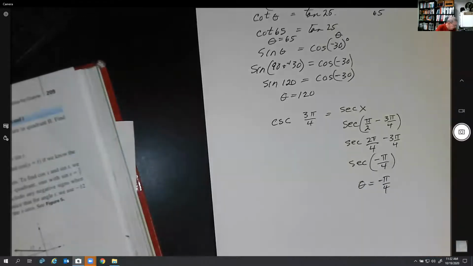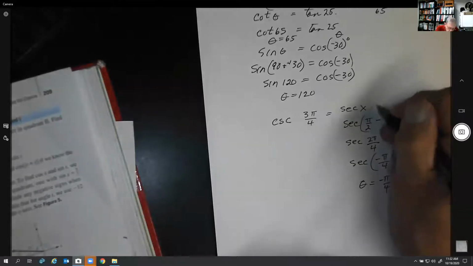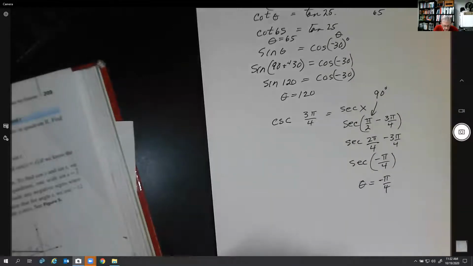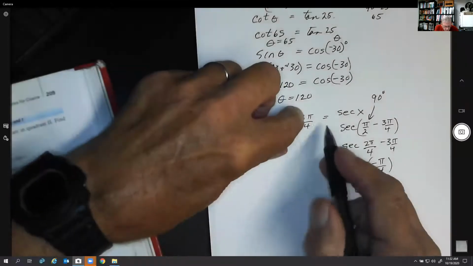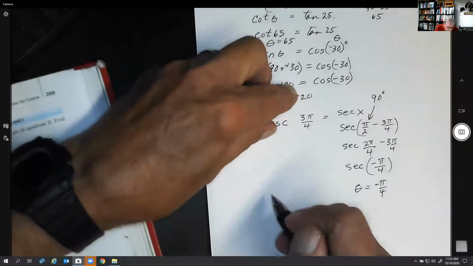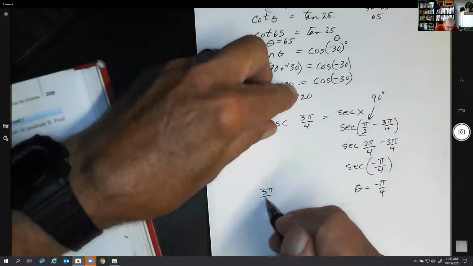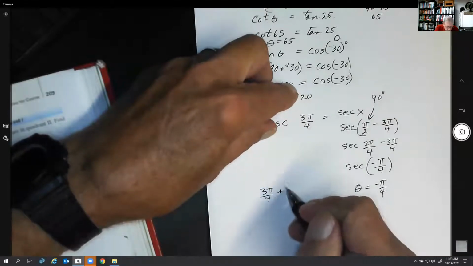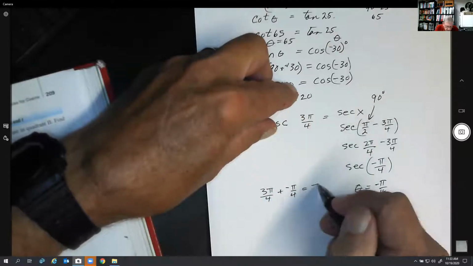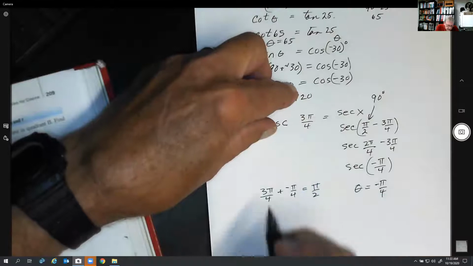Is that what they came up with? Yeah. Pi over 2 is just a fancy way of writing 90 degrees. So these two numbers, 3 pi over 4 and negative pi over 4, have to equal 90 degrees, pi over 2, will they?